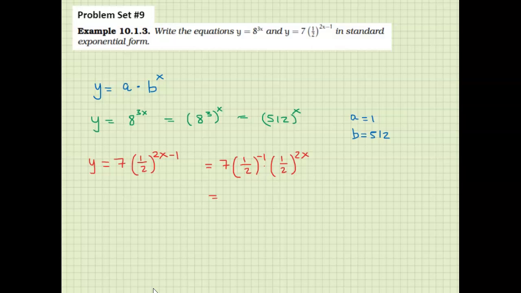So this is going to give us 7 times 1/2 to the negative 1, which is just 2, the reciprocal. And to absorb the 2 in the other one, you want to do 1/2 to the 2 and then to the x. So this is going to be 14 times 1/2 to the 2, which is 1/4, to the x. So we got a standard form. This part, 14, is the a and the 1/4 is the b. So it's in the form a times b to the x.